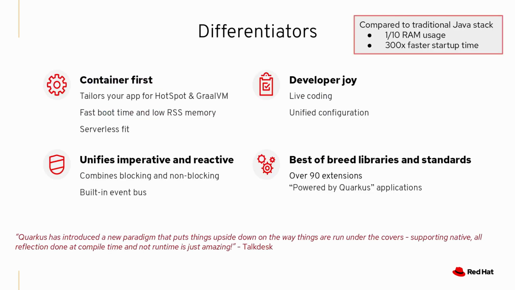So what are the differentiators and the benefits of using Quarkus? As I said, it is a container first technology, so Quarkus has been created in order to let you run Java based applications in containers in the most efficient way.